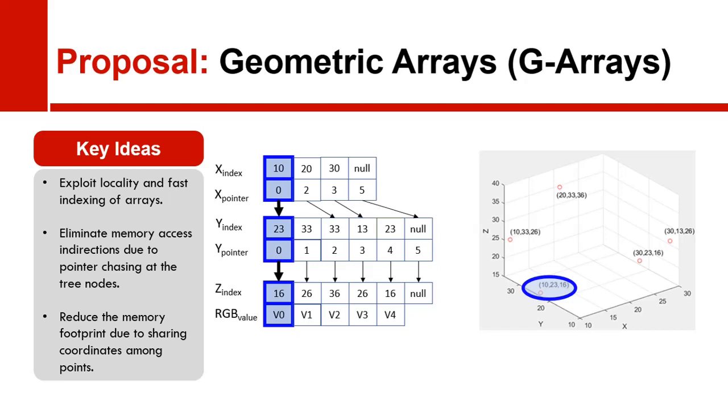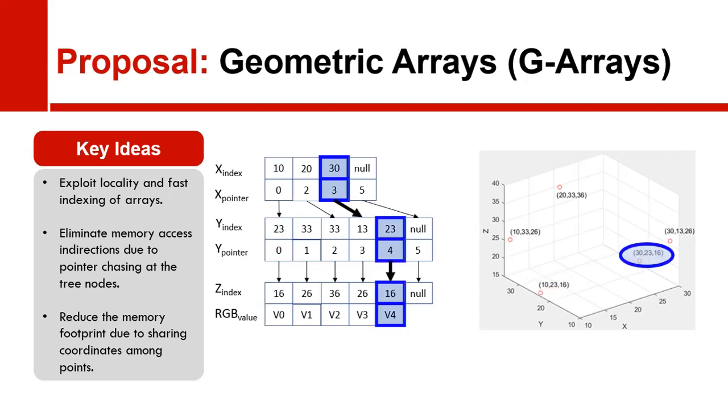For example, a point with coordinate 10, 23, and 16 is shown in the right figure. In the middle figure, we can observe the value of different vectors. Also, a point with coordinate 30, 23, and 16 is shown on the right figure, and the corresponding values in the array are represented in the middle figure.